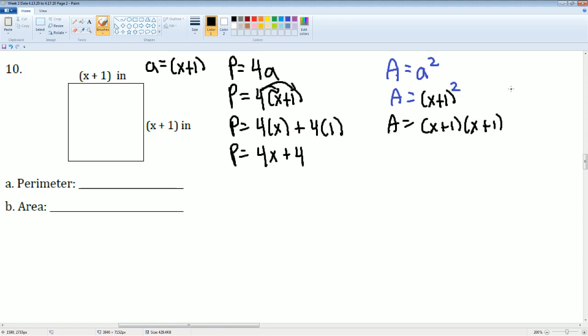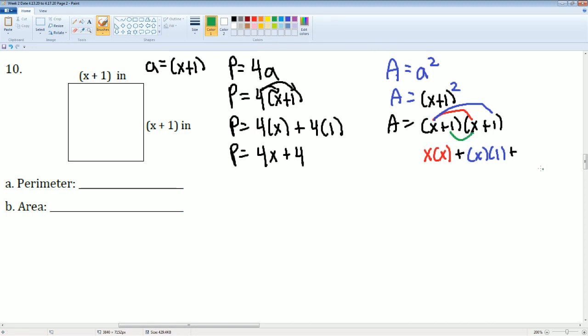Now remember here you would have to FOIL, okay? So let me just walk you through this. X times x, then I think blue, right? That's your first, so that's your x times x. Then your outer, that is your x times 1, and I think we use green for here.